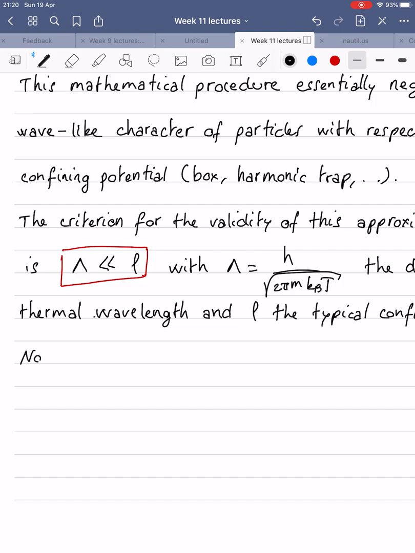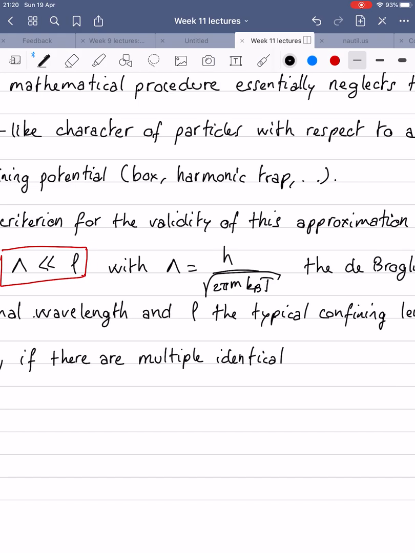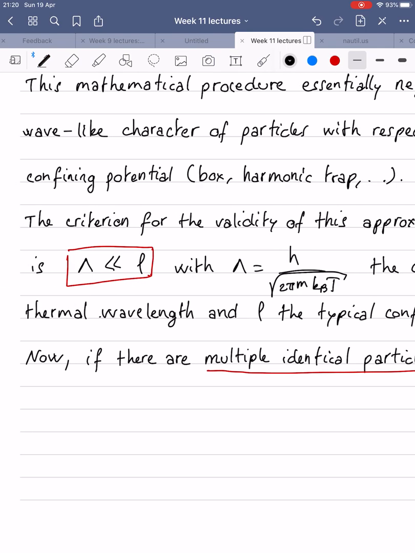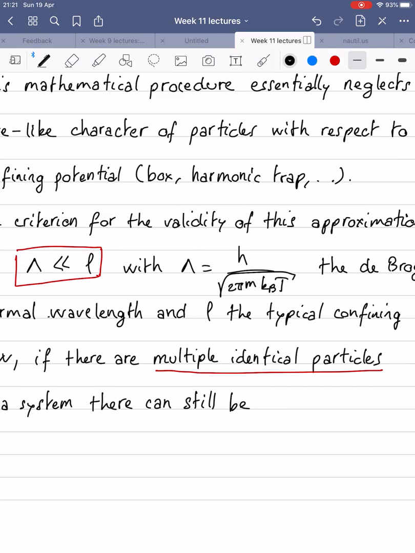Now, that's the reason why it's important to discriminate the two: if there are multiple identical particles in a given system, there can still be quantum particle statistics effects. So that's the difference.